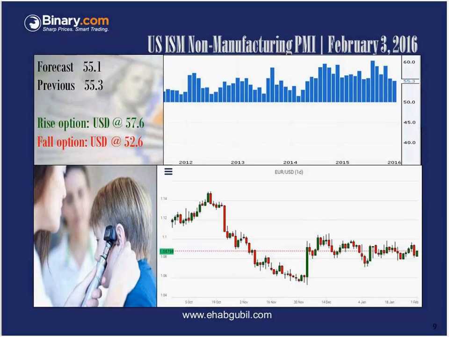It's forecasted at 55.1. The previous release was close, 55.3. How to trade this news? US ISM non-manufacturing PMI is better known as the US Services PMI. In some countries, they just call it Services PMI.